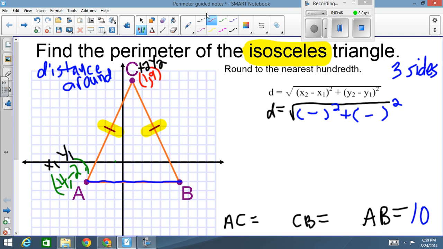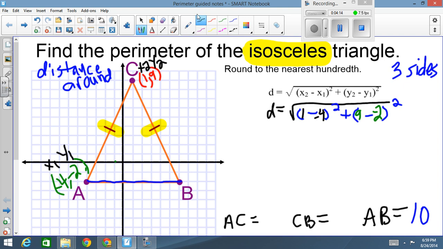So, my x2 is up there, it's a 1. My x1 is a -4. My y2 is a 9, and my y1 is a -2.